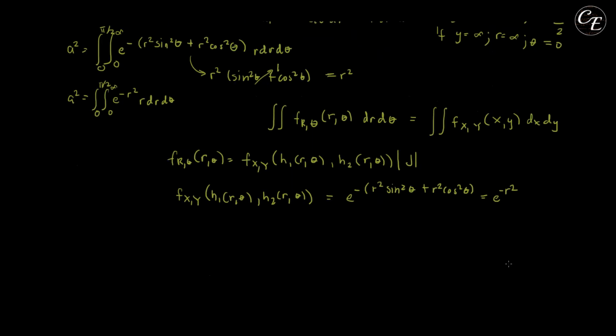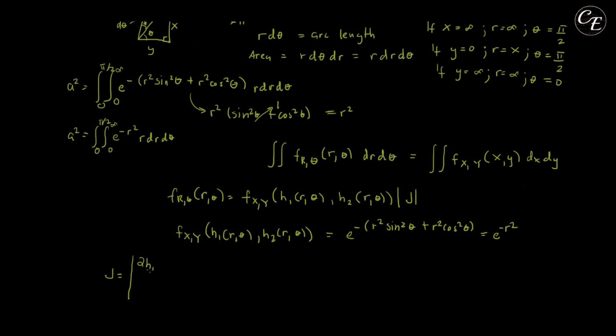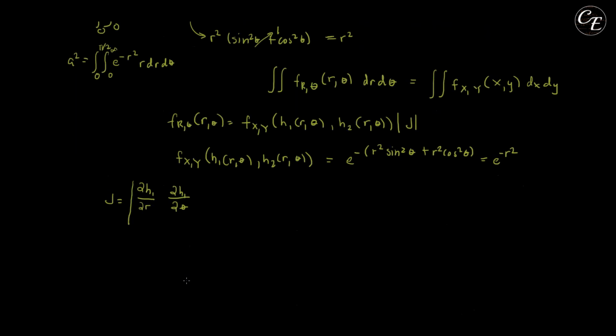Now the Jacobian is the determinant of the partial derivatives of our inverse transformation functions with respect to each of their variables. We have h1 with respect to r, h1 with respect to theta, then the partial derivative of h2 with respect to r, and the partial derivative of h2 with respect to theta.